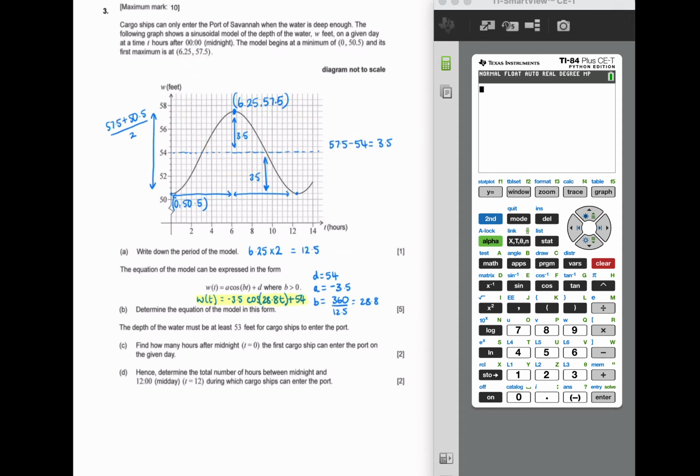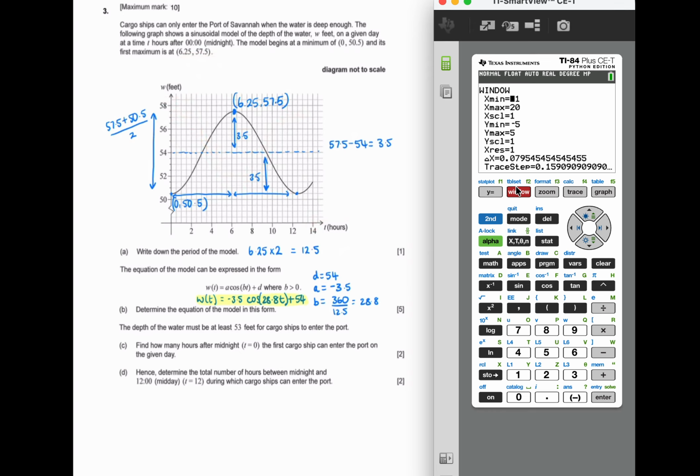Now, just to check, we can go to our calculator and plot the function into our GDC. So negative 3.5 cosine, and then we think it's 28.8 x, always put x in your calculator, plus 54.